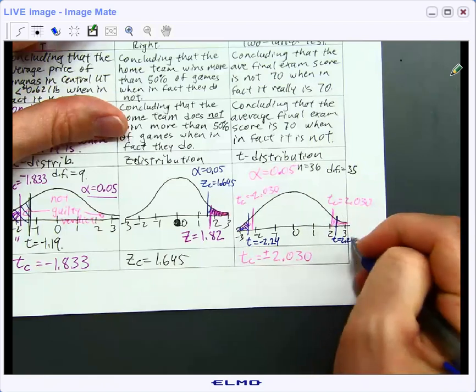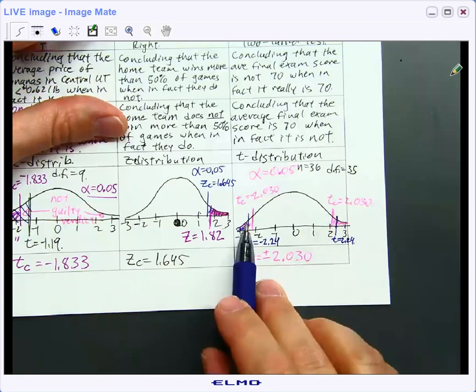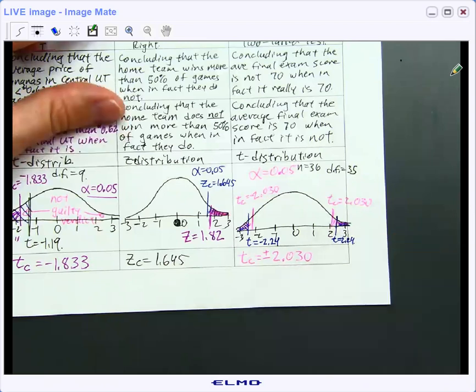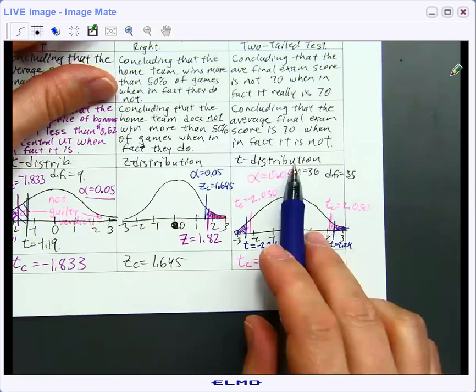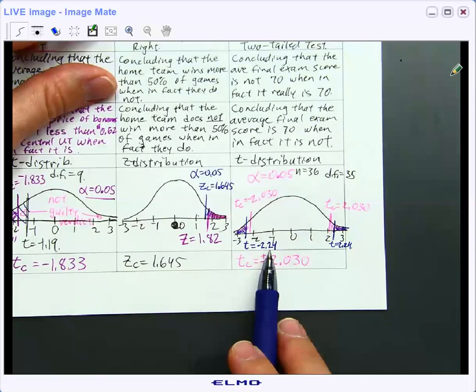But what's most commonly done is we find this area in one tail and then just double it because it's a two-tailed test. Now, remember that this was a t-distribution with 35 degrees of freedom, and our test statistic is plus and minus 2.24.